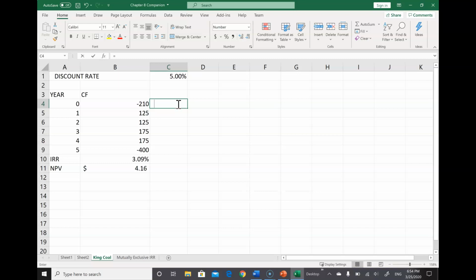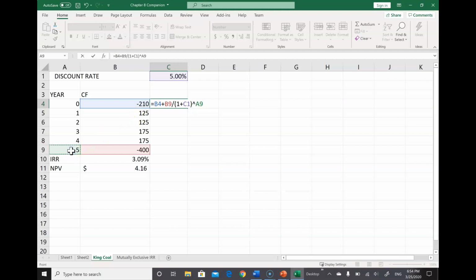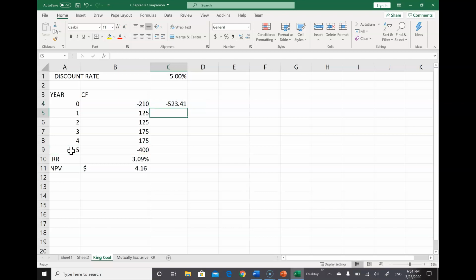So this is the initial cash outflow, right? And then we calculate the present value of this, to calculate the total cash outflow in year 0.